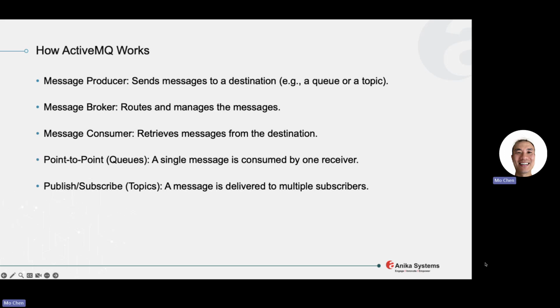ActiveMQ supports different messaging models. The point-to-point model, which is also called queue, is a single message consumed by one receiver. The publish-subscribe model, also known as topics, is a message that is delivered to multiple subscribers.